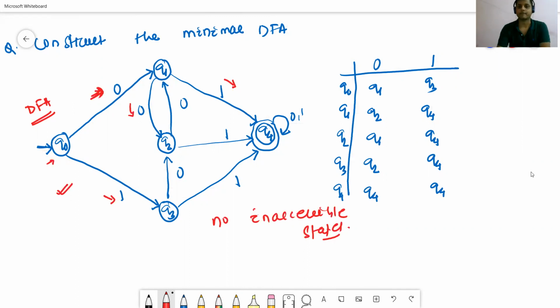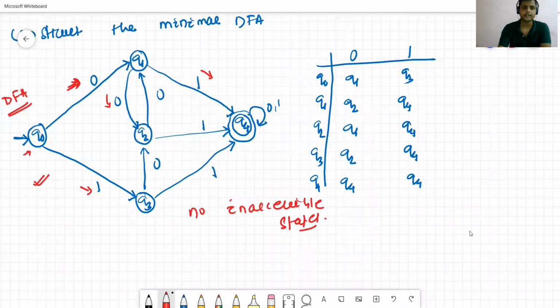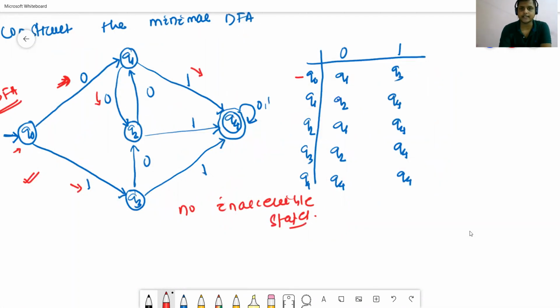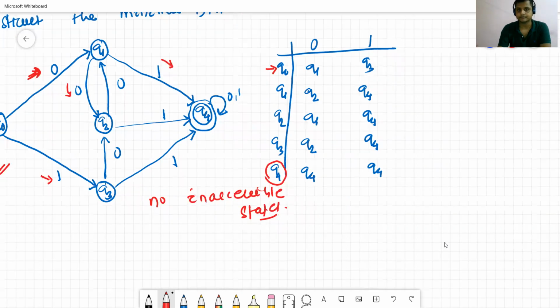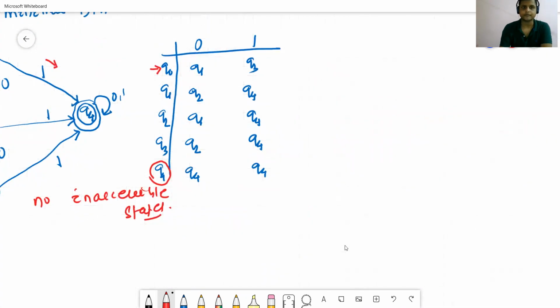Now we'll separate the states. See here, Q0 is the initial state and Q4 is the final state in the given DFA. Initially, the DFA contains 5 states: Q0, Q1, Q2, Q3, Q4.